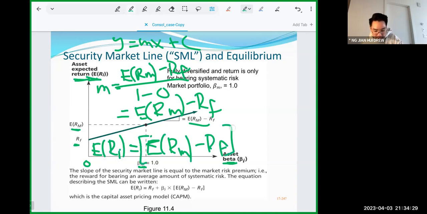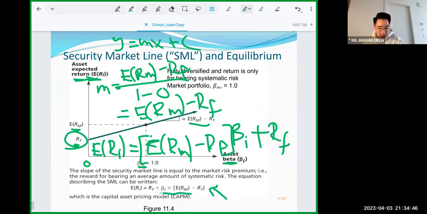So multiplied by beta i, plus c. What's c? The intercept here, Rf. So this is the equation of the line. And this equation of the line is actually written here. Can you see here? And this equation of the line has a special name. It's called the CAPM model. So in the subsequent slides, we will define the CAPM model, but this is the CAPM model here that is given.